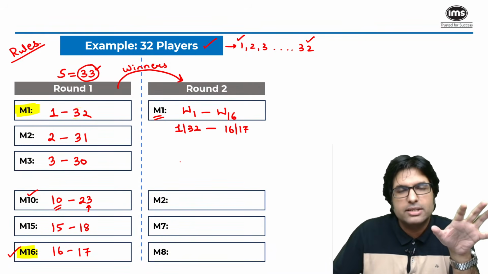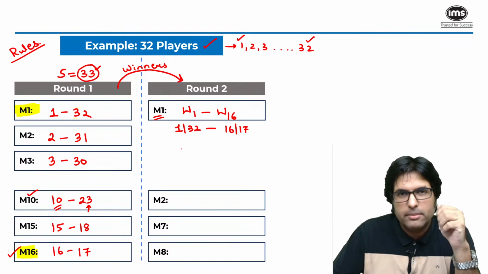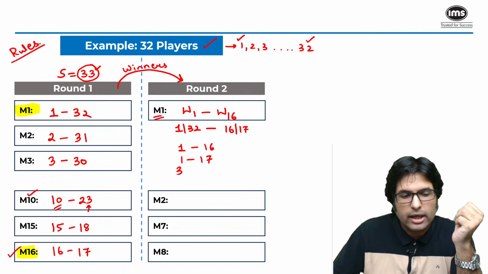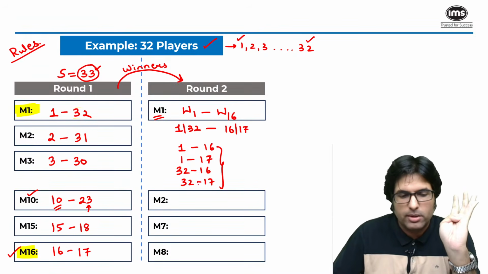So two possibilities in W1, two possibilities in W16. I can illustrate them and say there could be 4 possibilities: 1 would play against 16, 1 could play against 17, 32 could play against 16, and 32 could also play against 17. So round 2, match number 1, there could be 4 possibilities.